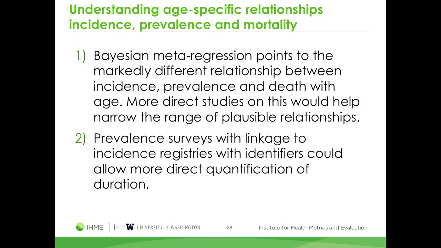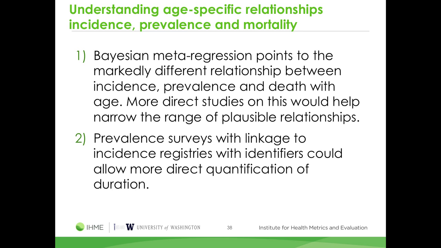The literature on duration for TB spans from less than 6 months in a high-income country to possibly, if you believe some of the older studies, more than 5 years in Southeast Asia. So if there's really a 10-fold variation in duration, that means when you have a prevalence survey and no other information, you don't know much about incidence except within an order of magnitude.